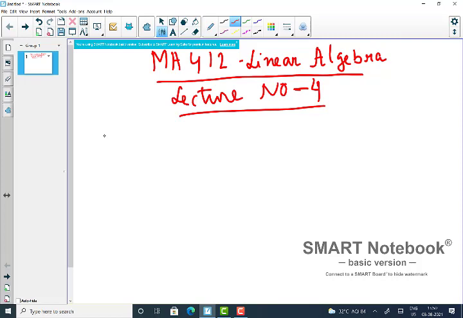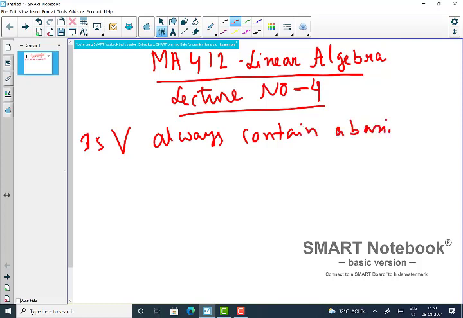If we have a vector space V, how do you know that V always contains a basis? This is a natural question to ask, whether every vector space has a basis or not.